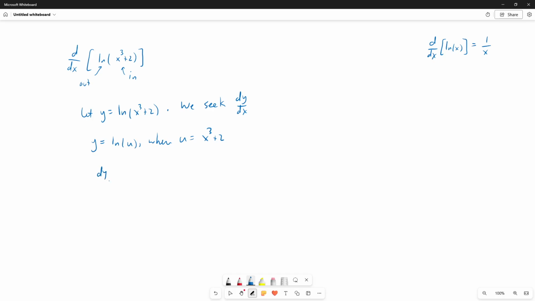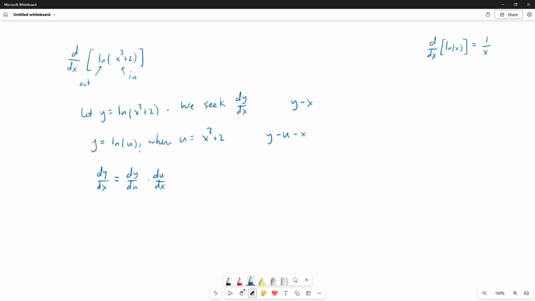So to continue, we want dy dx by the chain rule. Dy dx is equal to dy du times du dx. Originally, we had a complicated link here between y and x. By adding in the intermediary variable, we now have 3 variables.